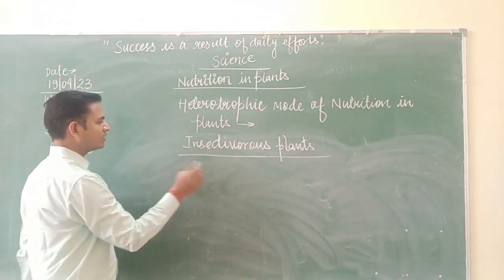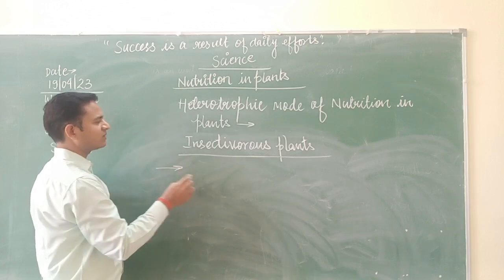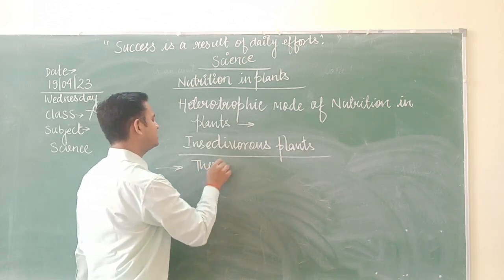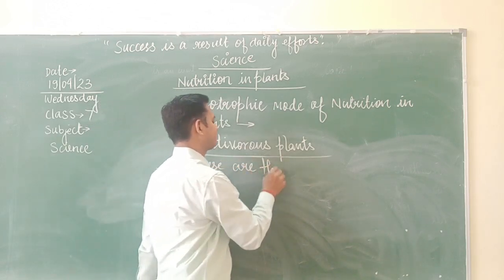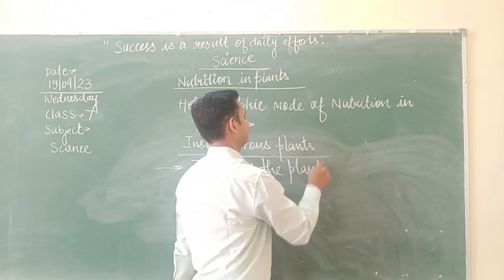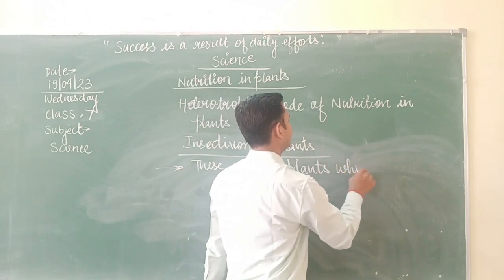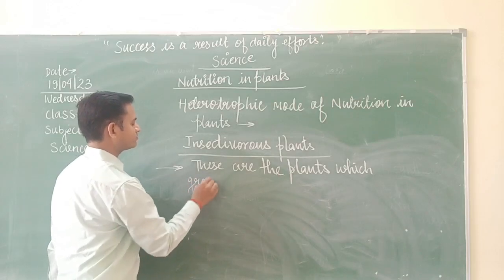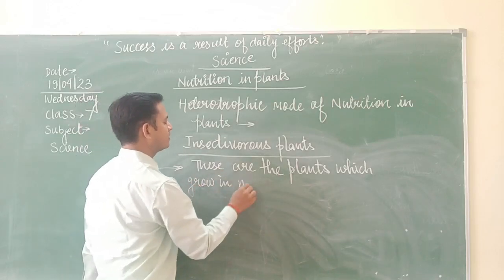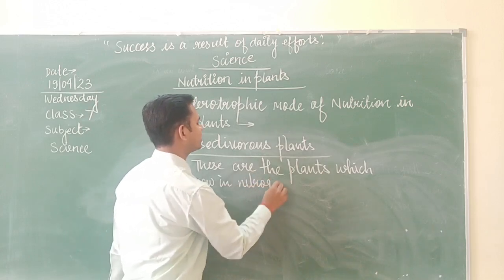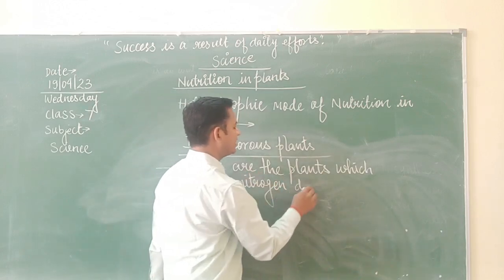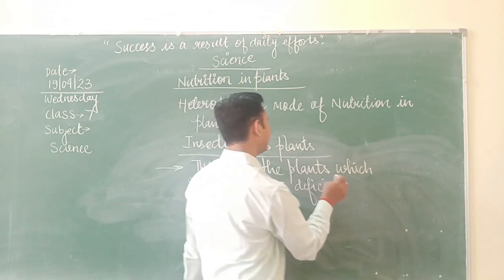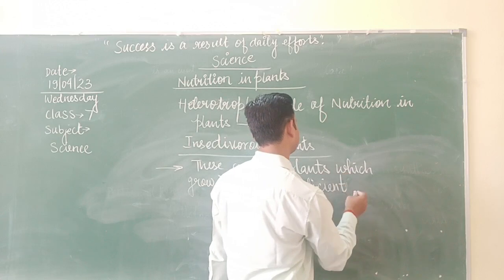So for example children, let me mention first of all what are insectivorous plants. These are the plants which grow in nitrogen deficient soil.